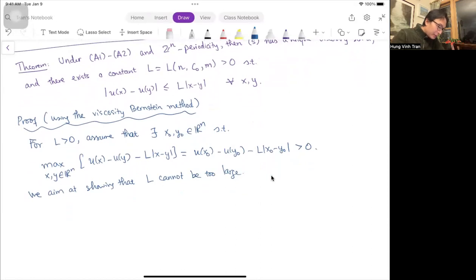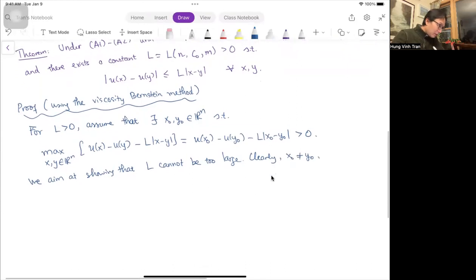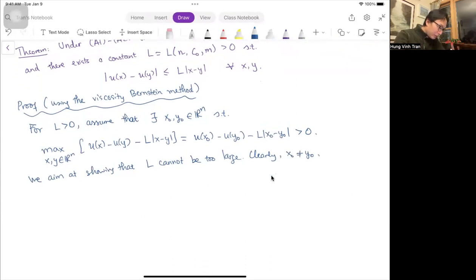So the first thing is that because the maximum is greater than 0, clearly we must have x naught not equal to y naught, right? Now let's do a little bit of computation, because the test function in the doubling variable here is L times |x minus y|, the length.